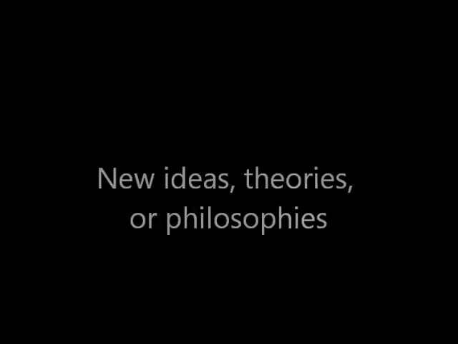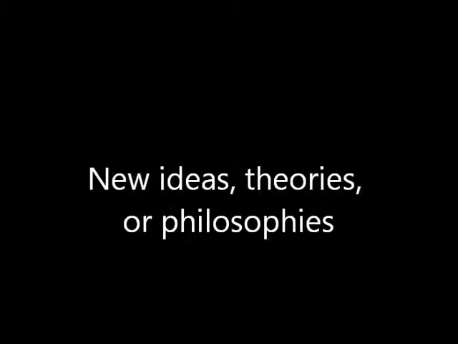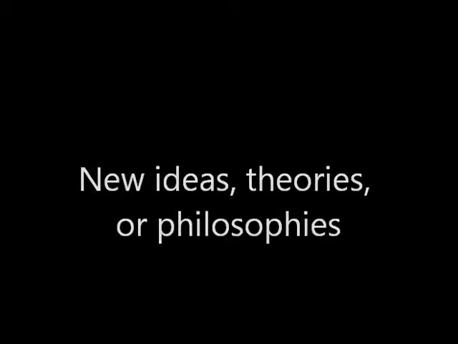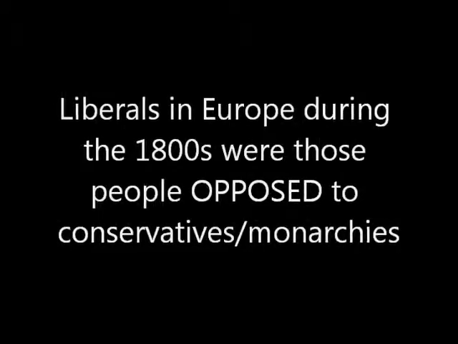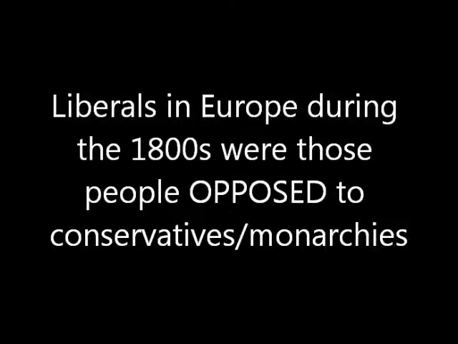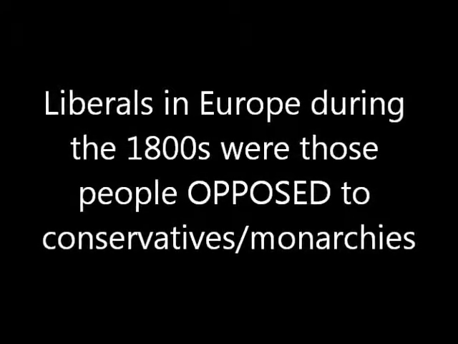All right, N, new ideas and theories. Two new ideas and theories that were inspired by revolutionary thoughts in Europe were liberalism and nationalism. The revolutions of 1830 and 1848 were inspired by these two relatively new theories from the 1800s. Liberals in Europe during the 1800s were those activists or revolutionaries who were opposed to monarchs in power. These people wanted democratic republics established.